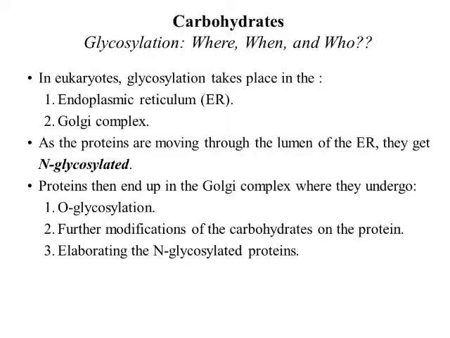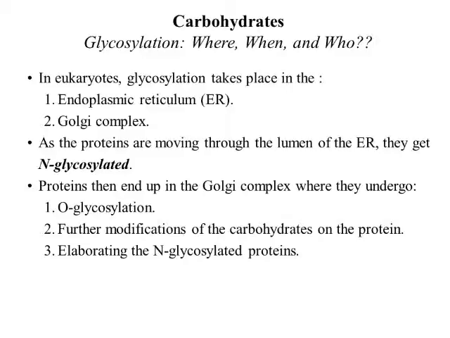And so the N-glycosylation, the modification of the proteins with N sugars, happens in the endoplasmic reticulum, while the O happens in the Golgi apparatus. Now the N starts at the endoplasmic reticulum. If there's any N left, further modification happens in the Golgi apparatus. However, the O glycosylation happens only in the Golgi apparatus.